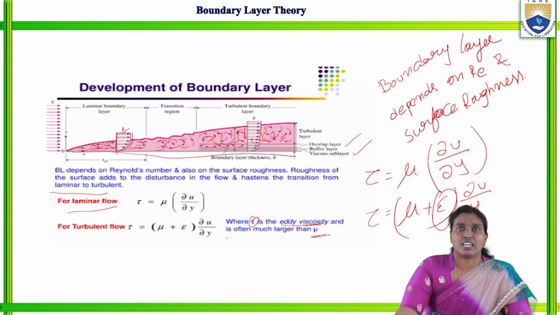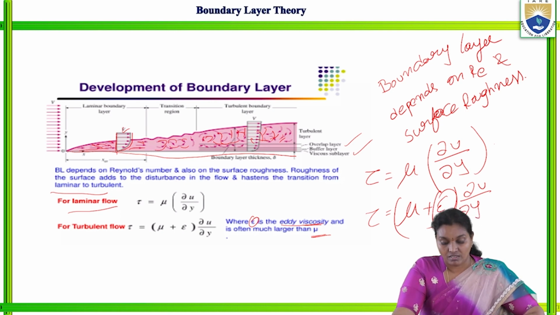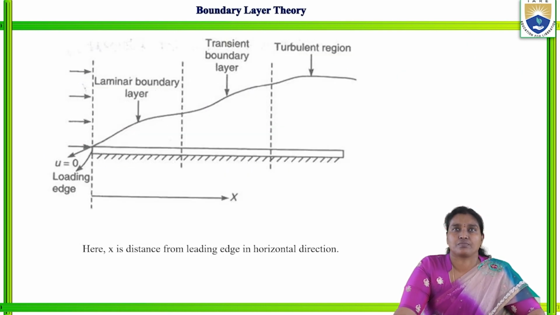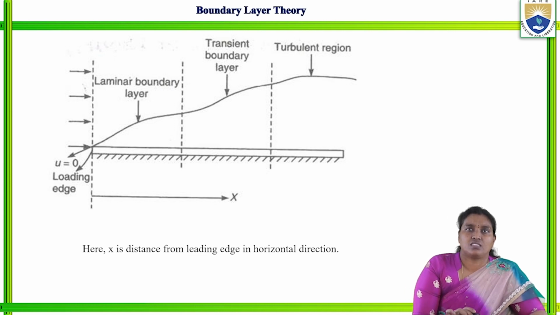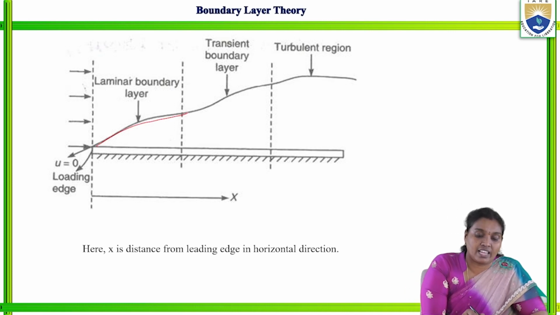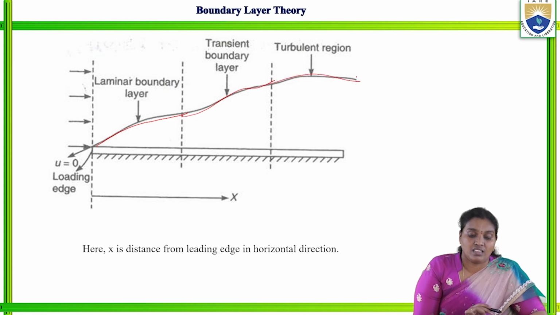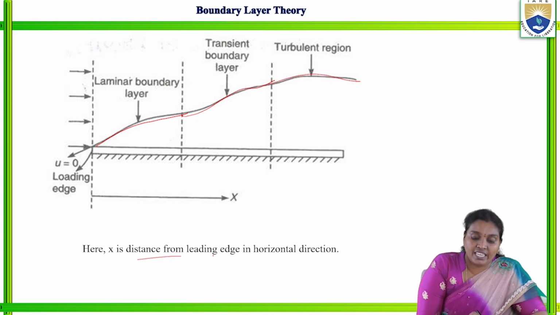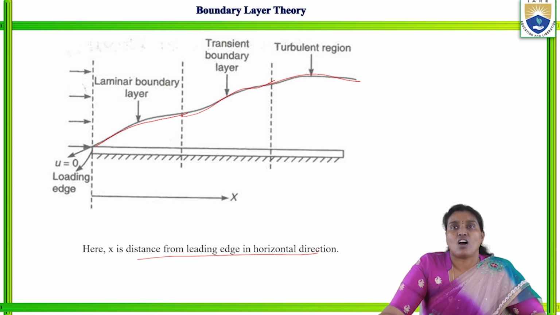These all come under the development of the boundary layer. This is the transition, and this is the turbulent region, X from the leading edge in the horizontal direction.